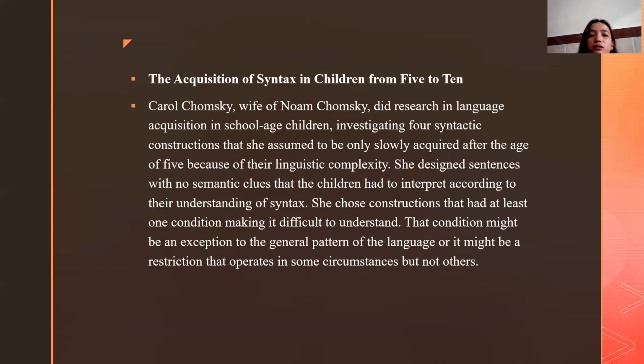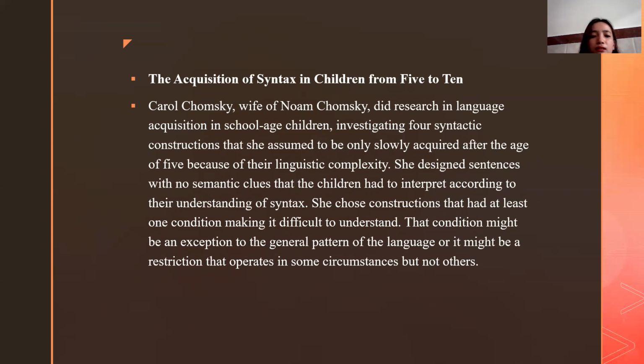And acquisition of syntax in children from 5 to 10. So Carol Chomsky did research on language acquisition in school-age children, investigating syntactic constructions that were assumed to be only slowly acquired after the age of 5 because of their linguistic complexity.